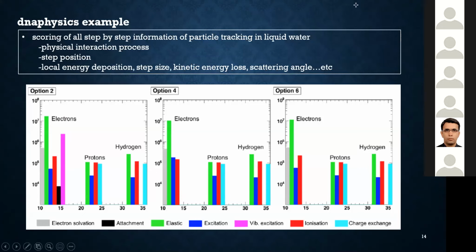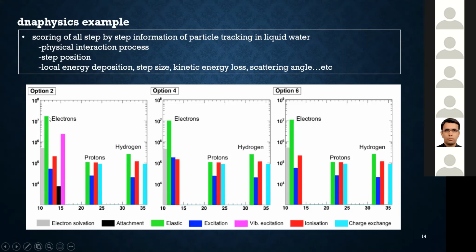If you can see here, for example, when we talk about protons and hydrogen, in any of the options you would see exactly the same results. So when we want to model protons, it is not such a big deal which constructor we choose, but when we want to model electrons, in fact, there is.